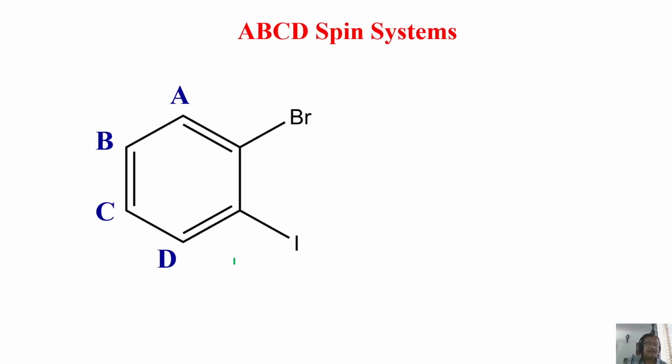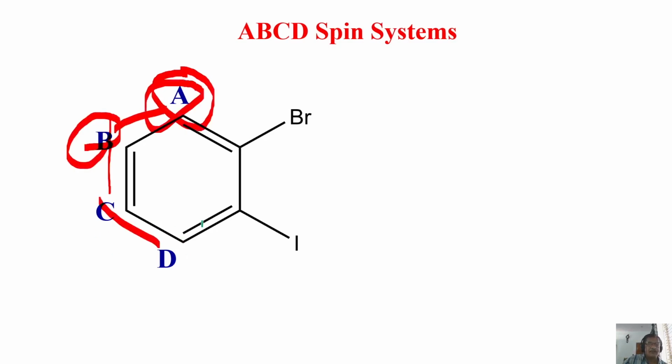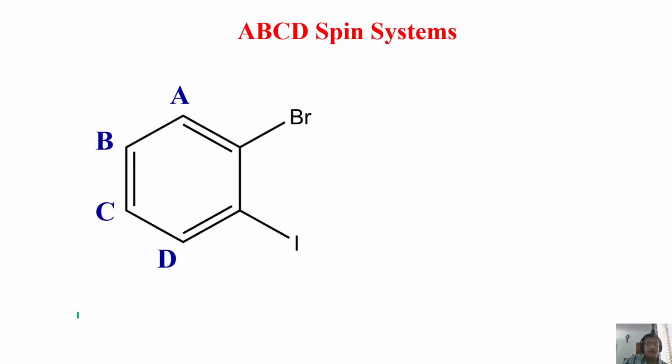Now, I'll give you an example of strongly coupled. Take a molecule like this, with A, B, and C, D. I'll record a spectrum at 100 megahertz or 200 megahertz. You know what happens? The chemical shift separation between this and this is much smaller, and this and this is also smaller. So the chemical shift separation of the protons among themselves is much smaller than, or comparable to, the coupling constant.